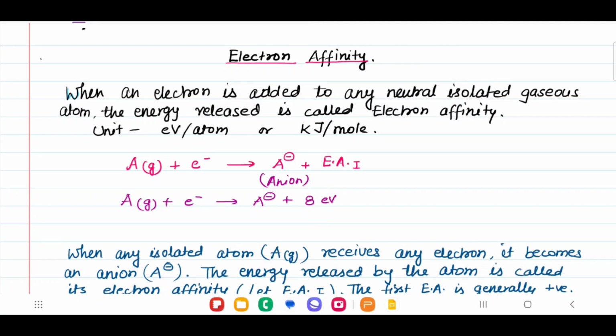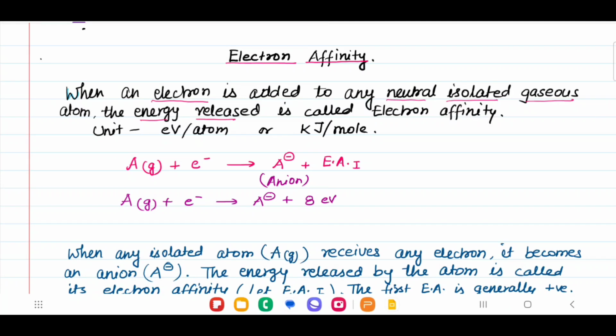Today we will study a very basic but important concept of class 12 chemistry, that is the electron affinity. What is an electron affinity? When an electron is added to any neutral isolated gaseous atom, the energy released is called the electron affinity.